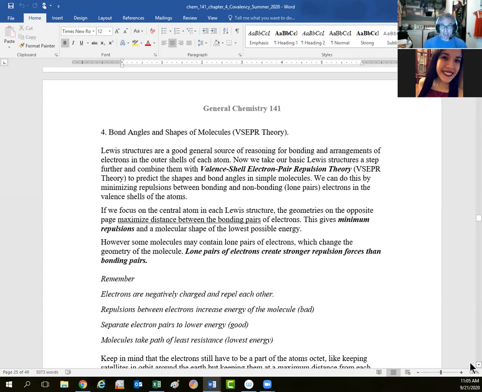They want to get as far away from each other as possible, like three mortal enemies who all came to the same birthday party for some reason. They would keep their distance from each other and kind of circle around each other in the room. So if one person moved to the left, the other two would have to move to the right, and so on, because they're trying to keep their distance from each other.